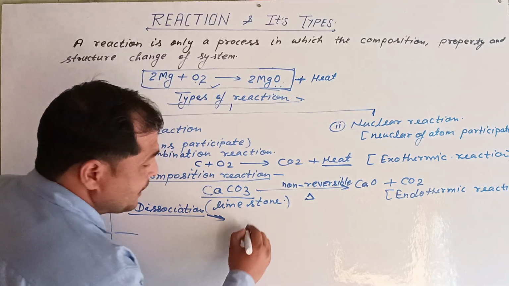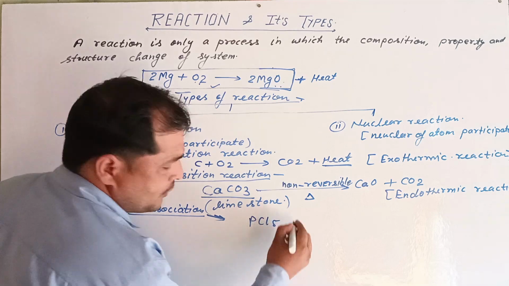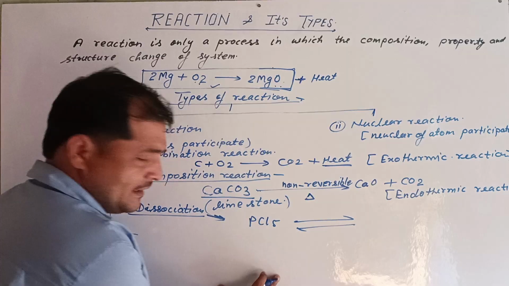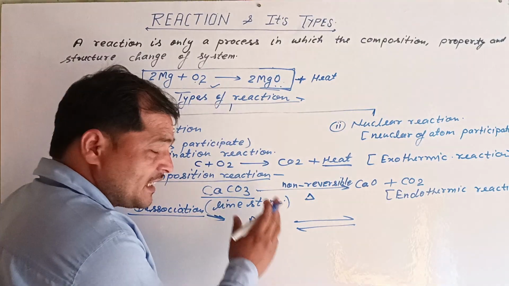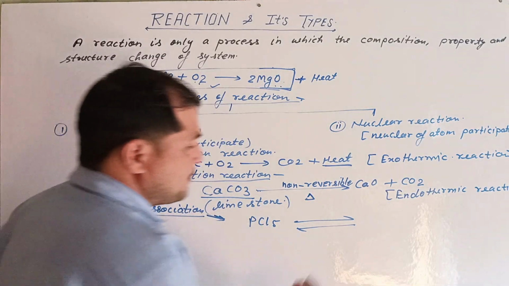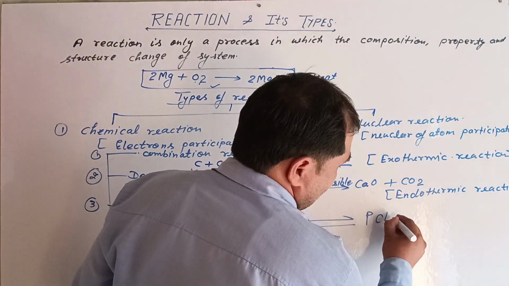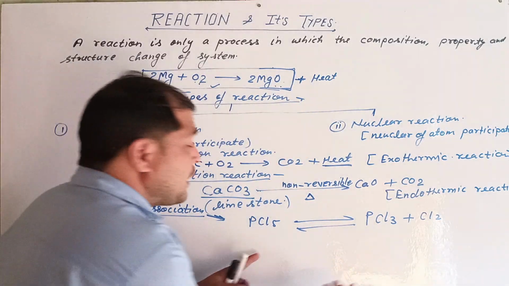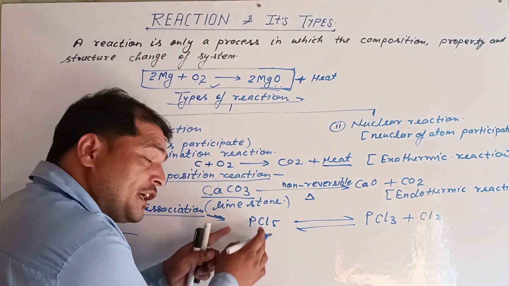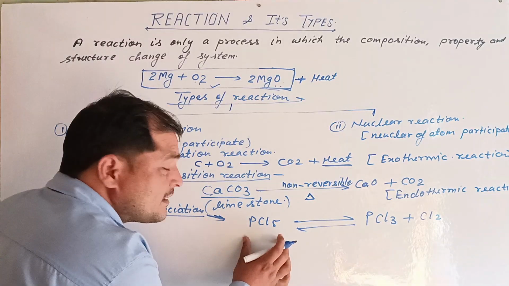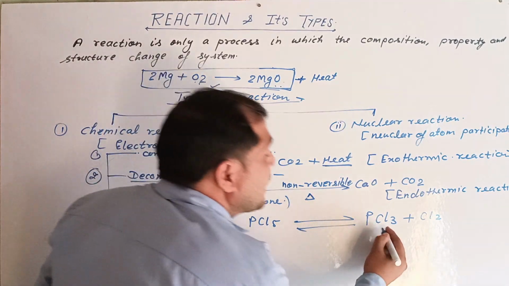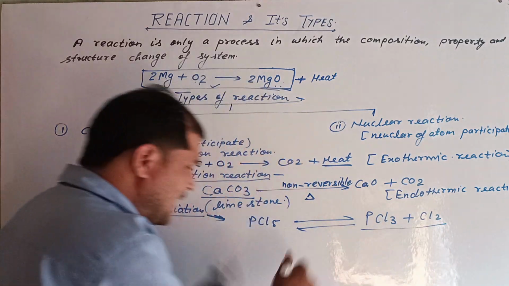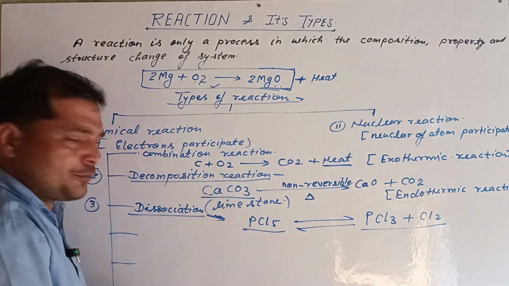For example, PCl5, phosphorus pentachloride, on getting heating energy, is dissociated into two main parts, PCl3, phosphorus trichloride, plus Cl2. But the formation of phosphorus pentachloride again is possible. In this reaction, by the combination of phosphorus trichloride and chlorine gas, it can form the product phosphorus pentachloride again.